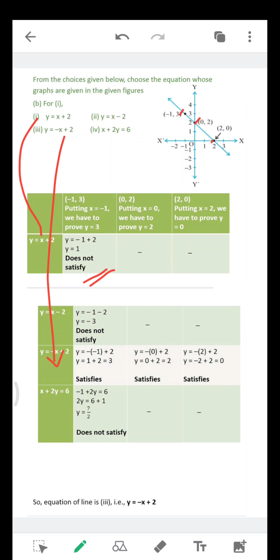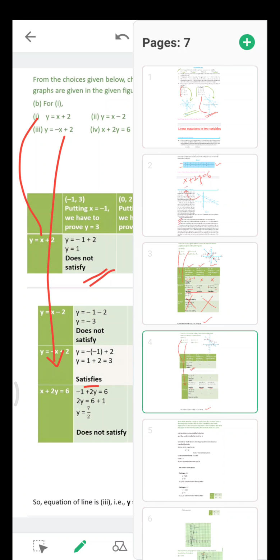So all these points are solutions of the third equation, y is equal to minus x plus 2. So y is equals to minus x plus 2 is the required equation for which the graph is drawn. Hope you are clear with this concept.